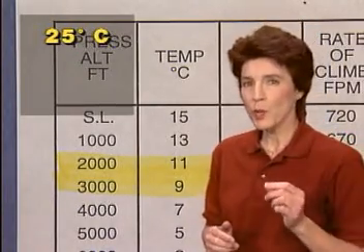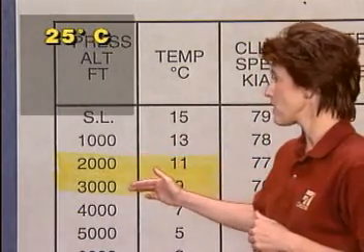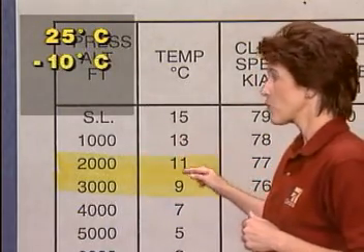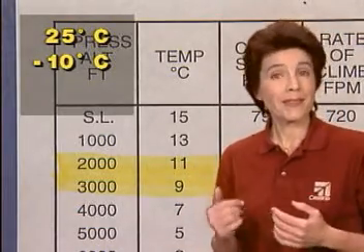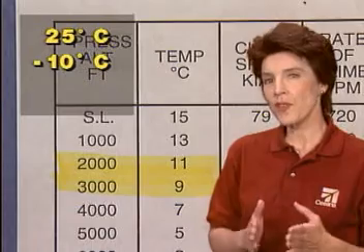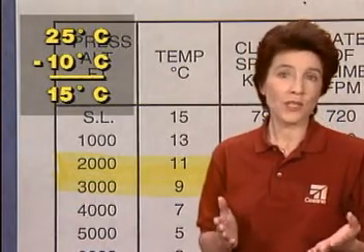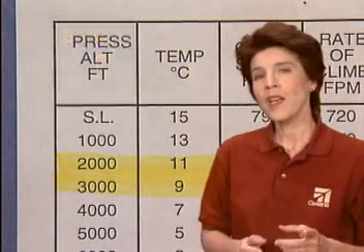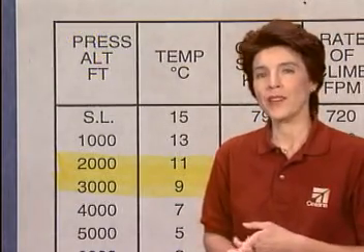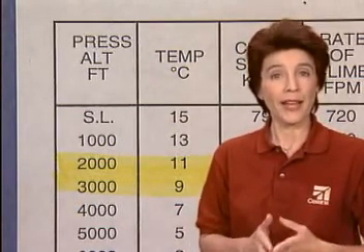Looking at the standard temperature column, you see that halfway between 2,000 and 3,000, the standard temperature must be 10 degrees. So 25 degrees minus 10 degrees tells you that you are 15 degrees warmer than standard. For convenience, you assume that the temperature difference is constant up to cruise altitude. Well, 15 degrees warmer than standard adds a 15% penalty increase for all values.